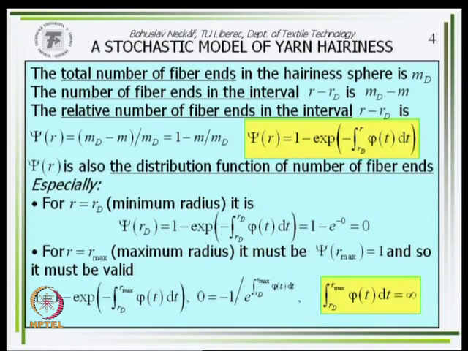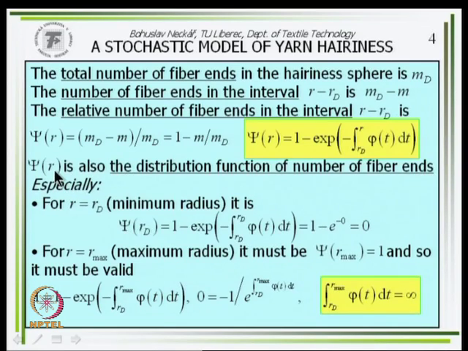Intuitively, at the radius rd the value is 0, because from rd to rd there are 0 fiber ends. At R max, the maximum possible radius, this value is 1, because all fibers had their ends before the maximum radius R max.